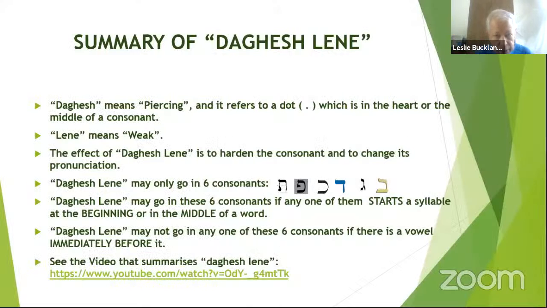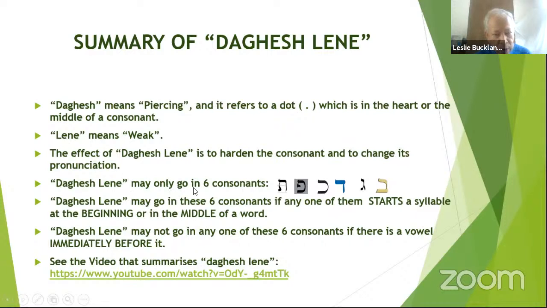Now let us look at a summary of Dagesh Lenny. Dagesh means piercing, and it refers to a dot which is in the heart or the middle of a consonant. Lenny means weak. The effect of Dagesh Lenny is to harden the consonant and to change its pronunciation.